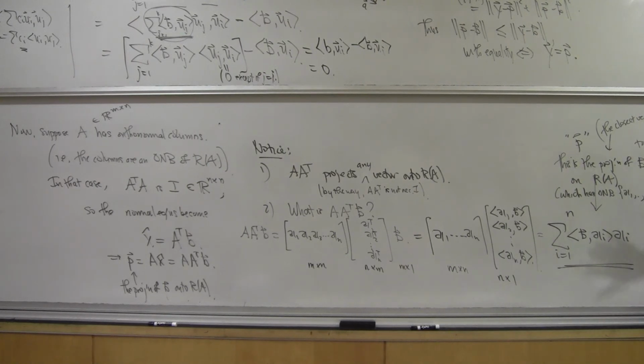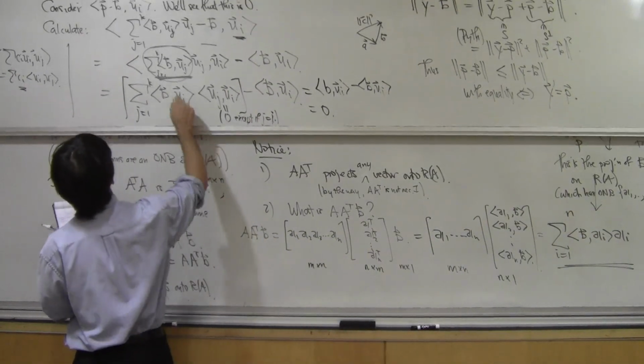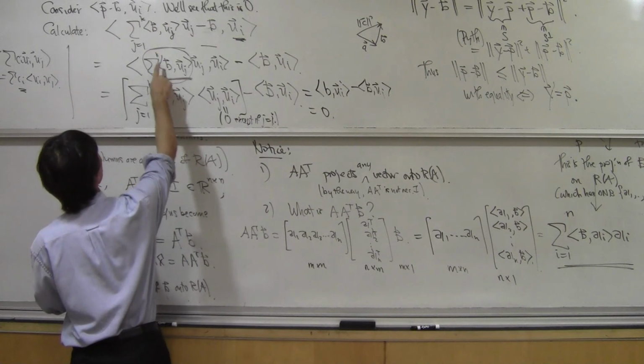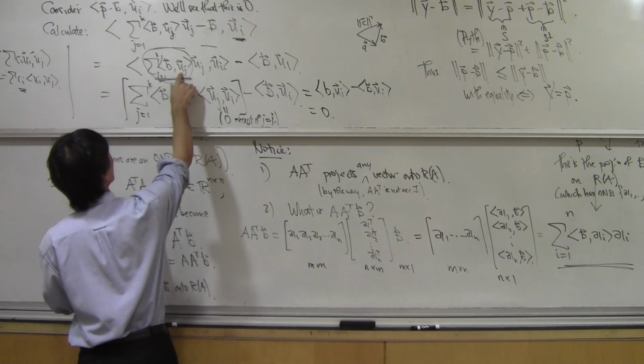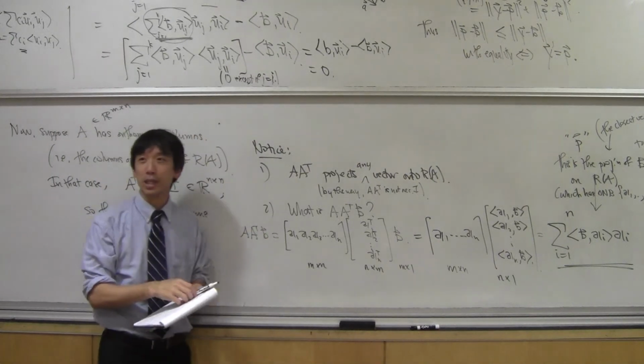But that's what we said before with all this theoretical stuff. The guy who's going to be the closest is this guy, P. You take the summation from j equals 1 to k of B against the orthogonal basis, and reconstruct using that orthogonal basis.